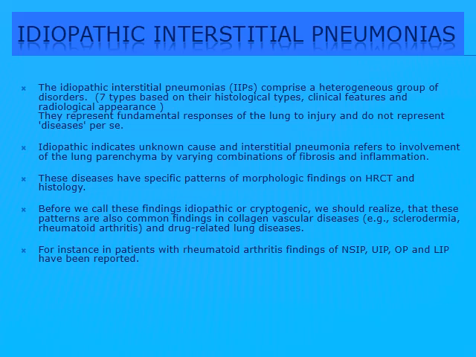For example, patients with rheumatoid arthritis can present with nonspecific interstitial pneumonia, usual interstitial pneumonia, and so on. So if the patient has a cause, we will not call them idiopathic. But if the patient has no cause, we will use the word idiopathic interstitial.